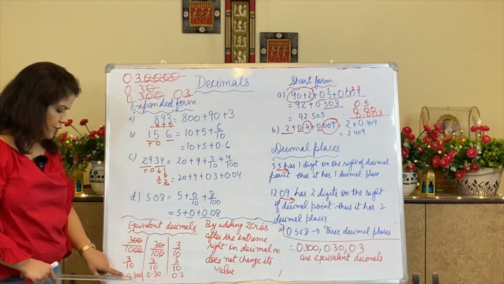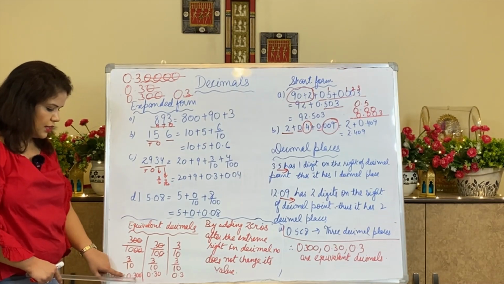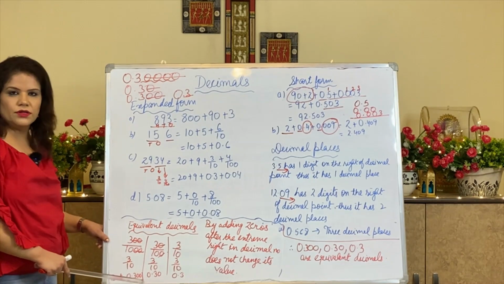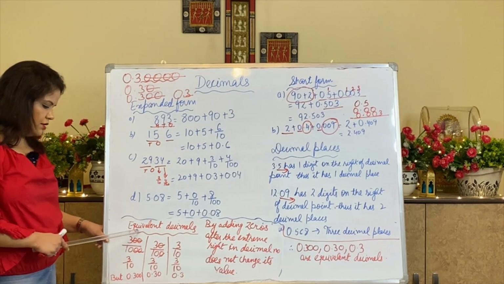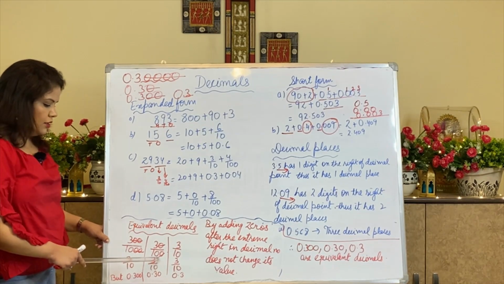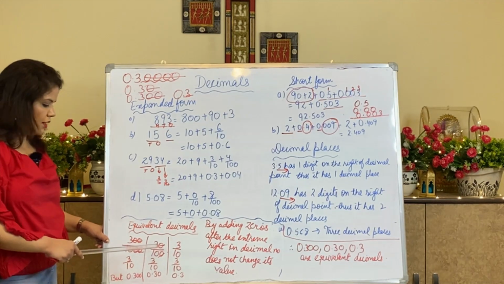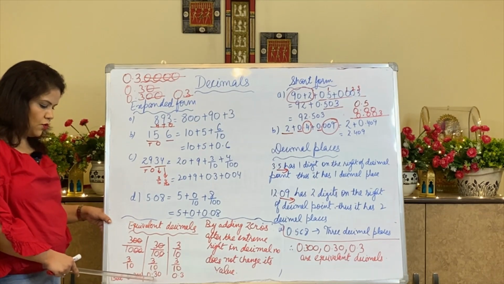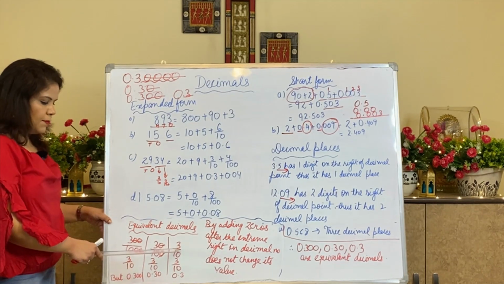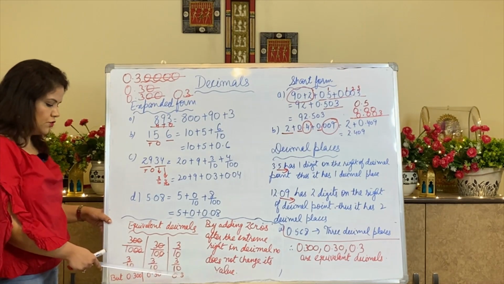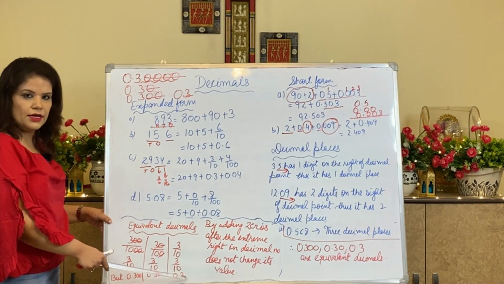So what we will do, 0.300: 3 zeros in the denominator, 3 numbers after the decimal, and the number is 3 digits only, so we will write it as it is. Here there are 2 zeros, and in the numerator also we have 2 digits, so we will write the numerator as it is, 0.30. 3 by 10, 1 zero in the denominator, 1 digit in the numerator, so we will write it as 0.3.